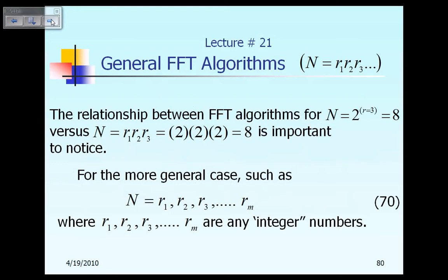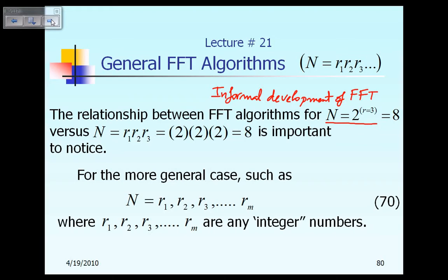Okay, in this lecture number 21, if you remember several lectures ago when we talked about the so-called informal development of fast Fourier transform, at that time we said we have to restrict ourselves to the case where capital N has to be expressed in terms of 2 raised to a certain integer power r.